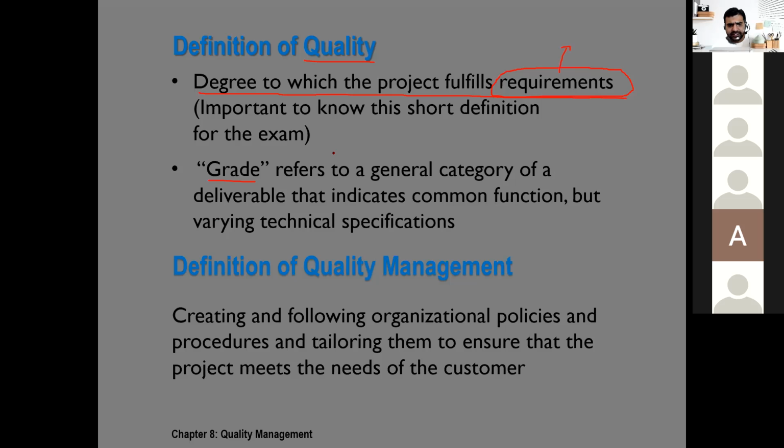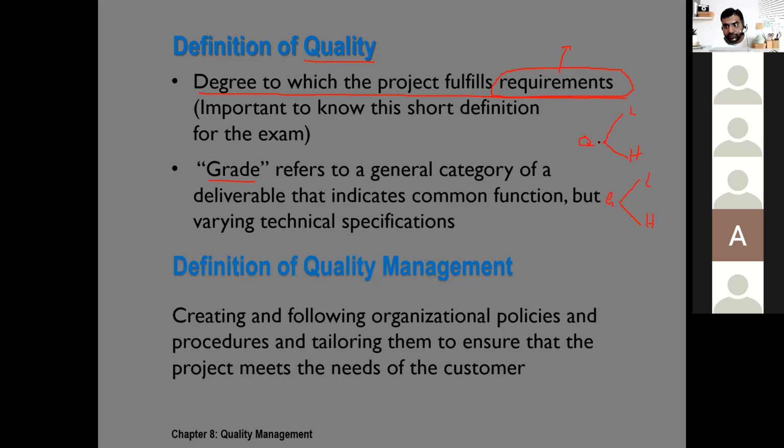So let's see the difference between quality and grade. First thing is, quality could be low, could be high, of any project deliverables, any product. Similarly, grade could be low or high too, of any product or its functions or any project deliverables.